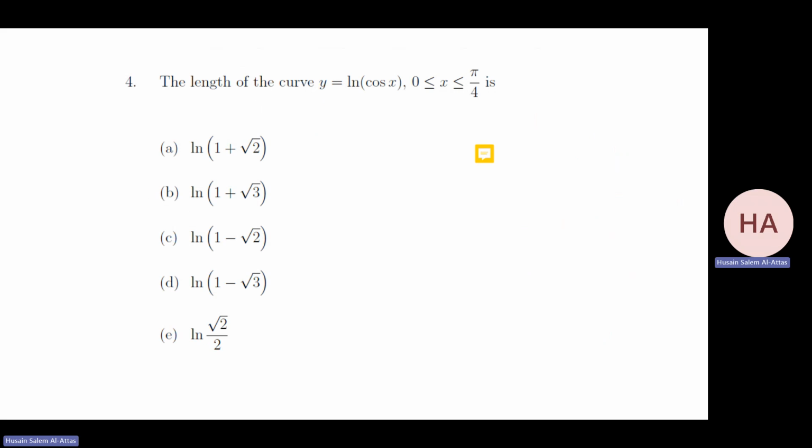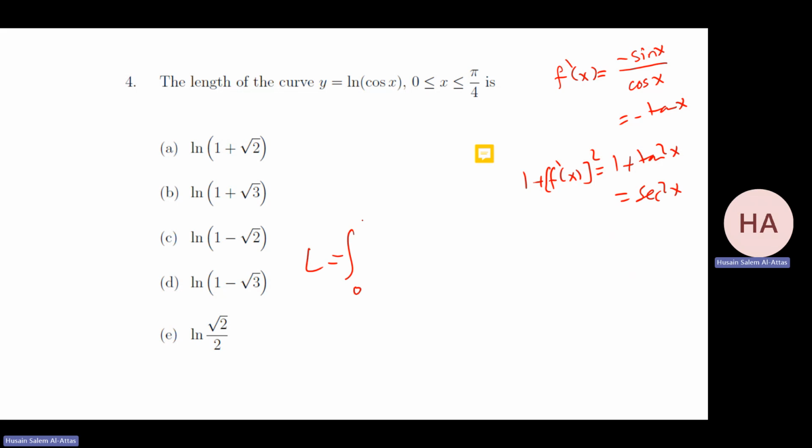Let me do this one. I think I did it before. Let me do it again. F prime of x is over cosine minus sine, which is minus tan. So 1 plus f prime of x all squared gives me 1 plus tan squared, which is secant squared.